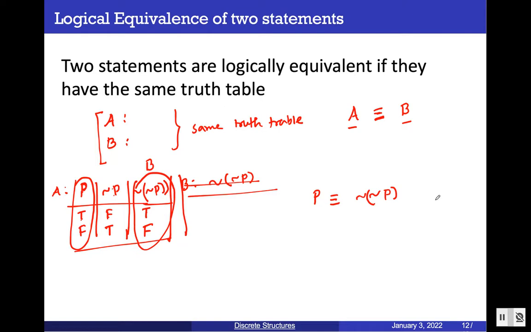Just think about it with real English words. Say, I like rice. That's a statement. Let's give this statement the name P. Then not P means I do not like rice.